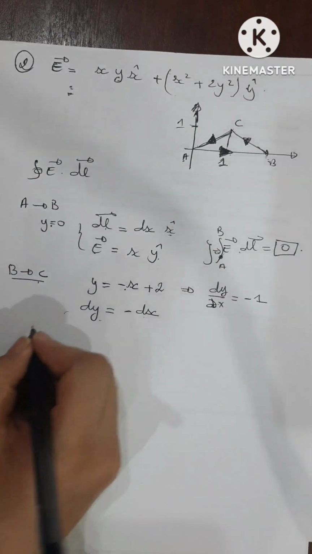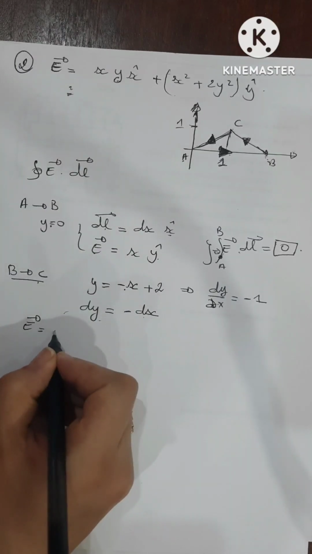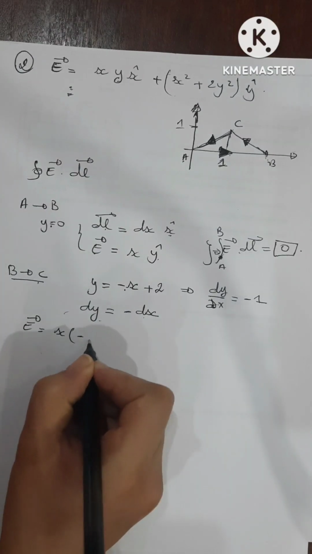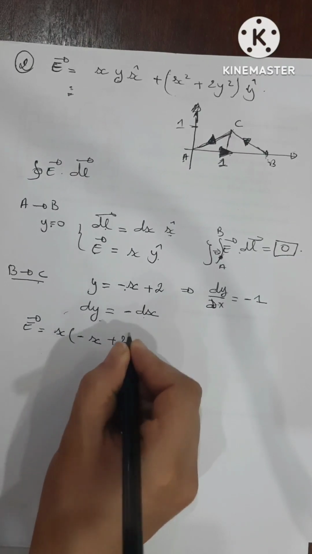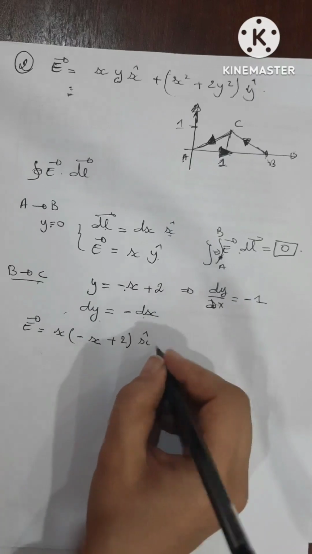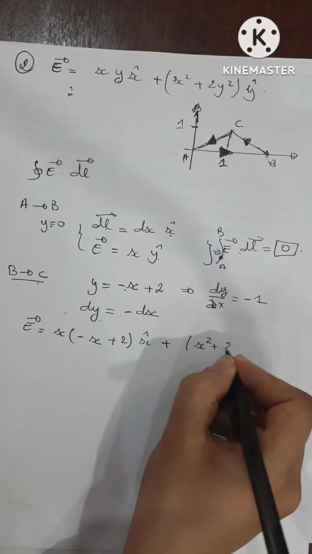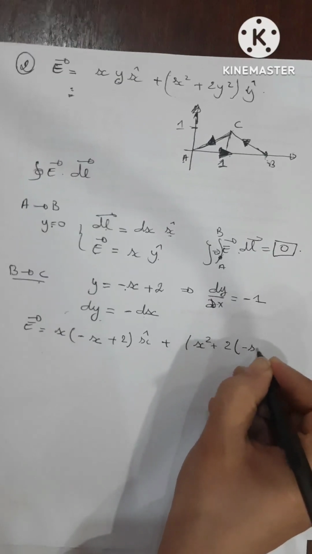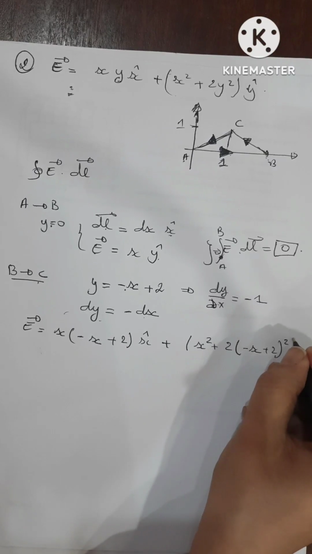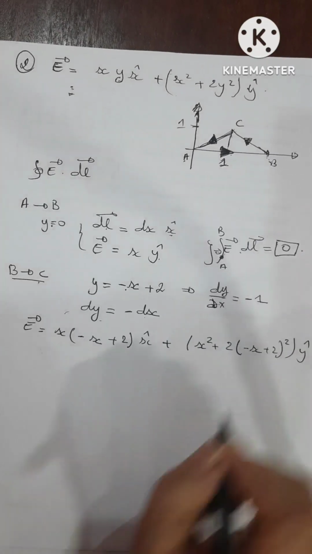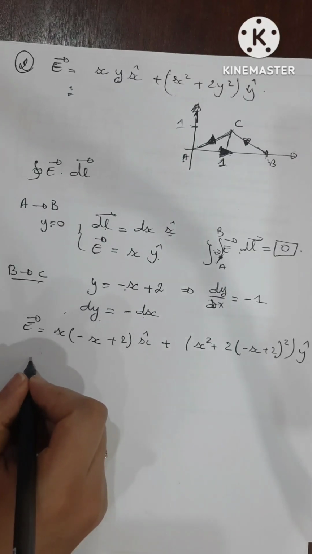Okay, what about our E? It is x times minus x plus 2 in the direction of x, plus x squared plus 2 minus x plus 2 squared in the direction of y.